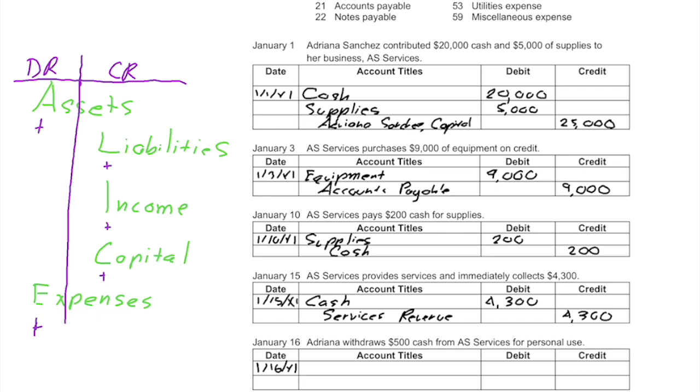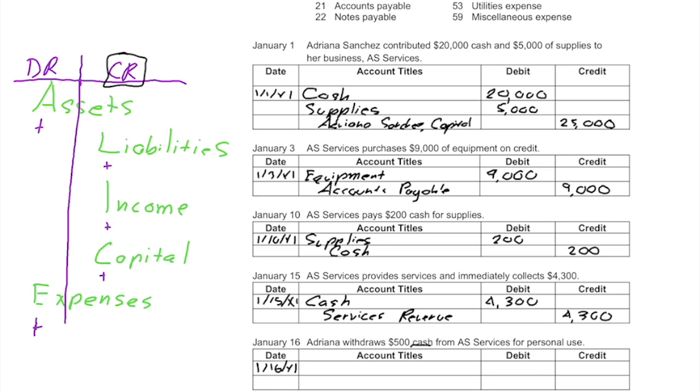I would expect my cash to go down, and we're going to have to recognize that cash coming out. So I know that cash is going to be one of the accounts affected. I know cash is going down. So I'm looking at my accounts over here, and for cash to go down, it's going to be a credit.